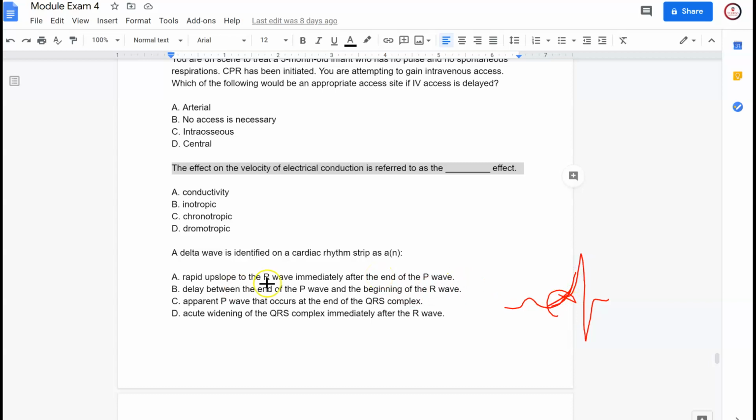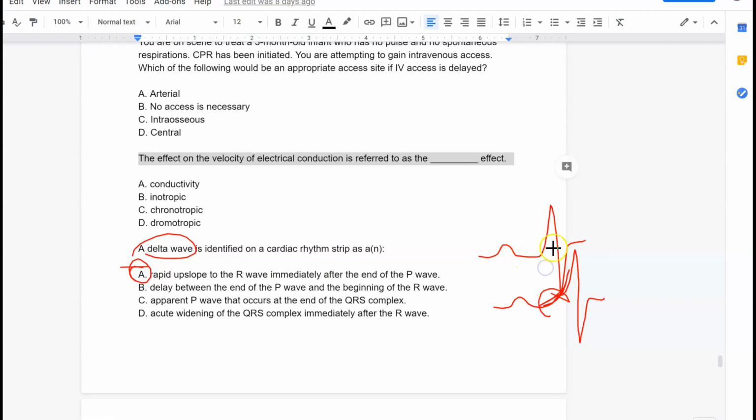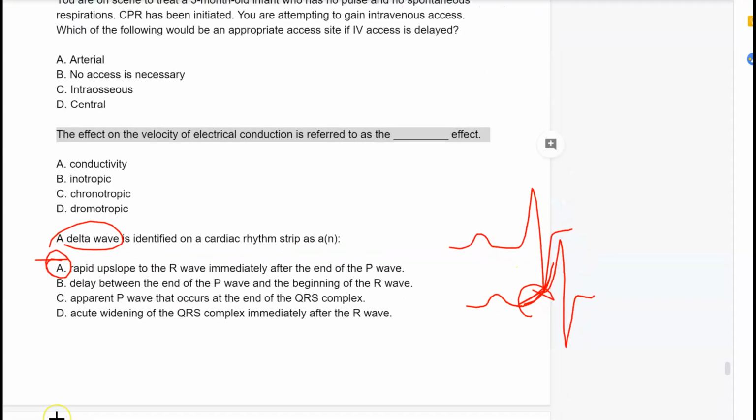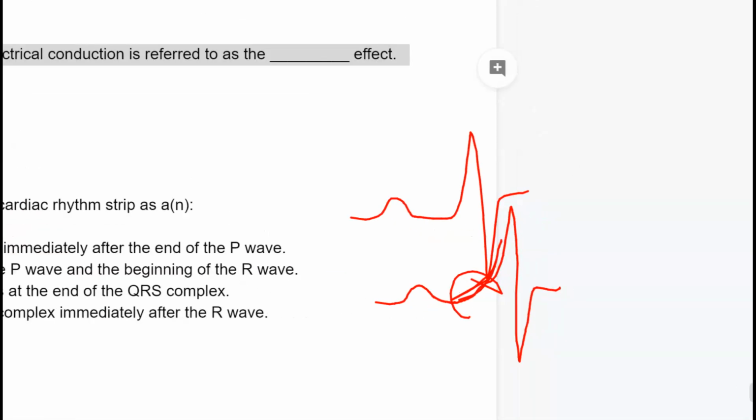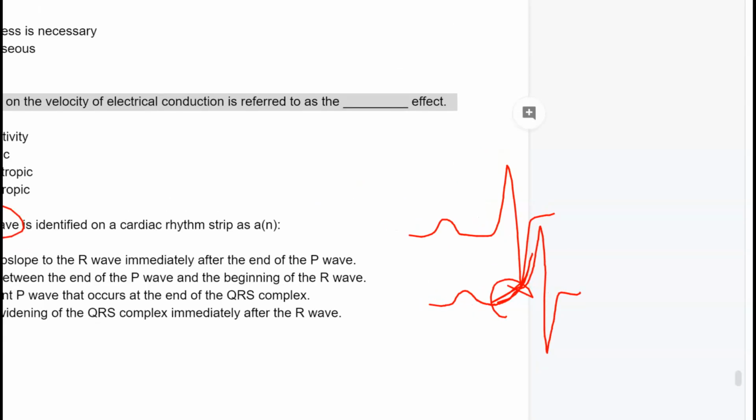That rapid R wave is called the delta wave. Because it's not being stopped, answer's A. The impulse is not being stopped as it normally should at the AV junction or the PR interval. So you get that upward swoosh, that's called the delta wave.